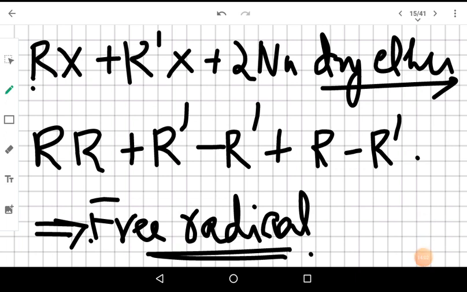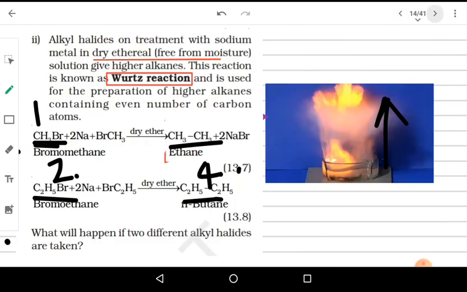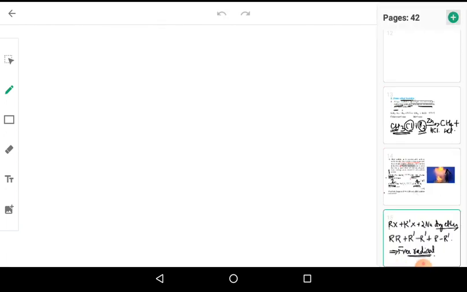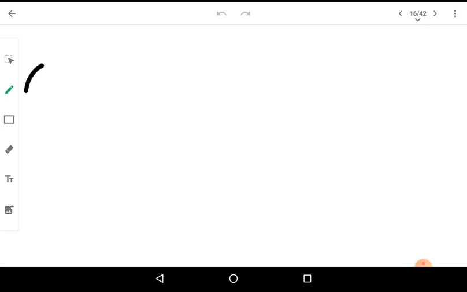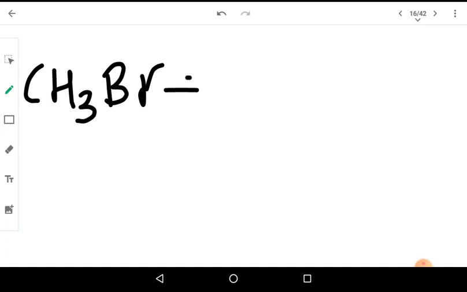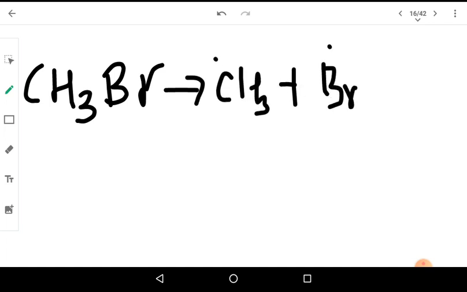Let us see what are those unwanted products. We have a possibility for generation of carbocation. So let us take an example. If I take CH3Br, it is going to form CH3 free radical and also Br free radical.